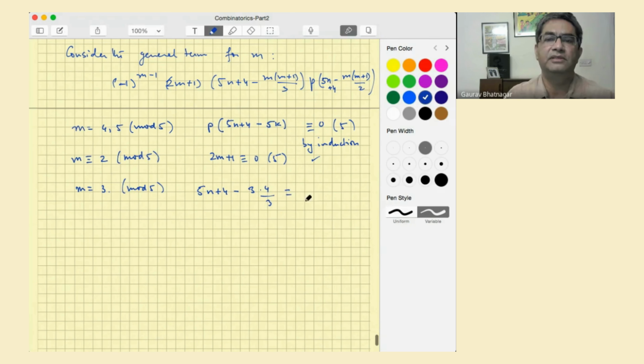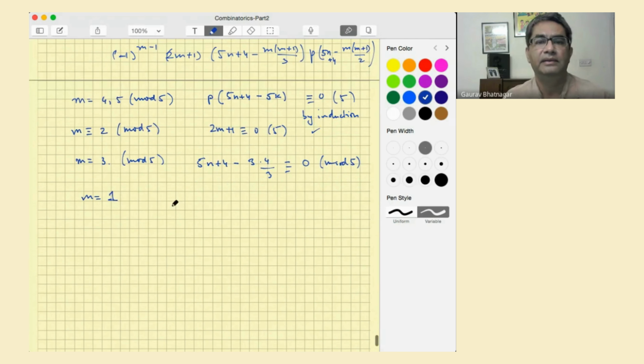So this 4 cancels, so this becomes congruent to 0 mod 5. And if m is equal to 1, this was 1, is it? No, this was 3. So if m is equal to 1 mod 5, then yeah, so 1, 2, 3, 4, 5. This is the only one left.